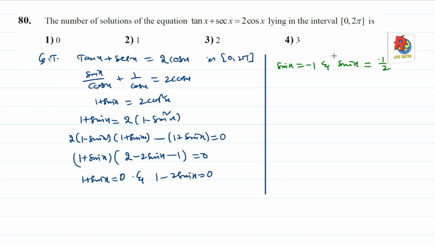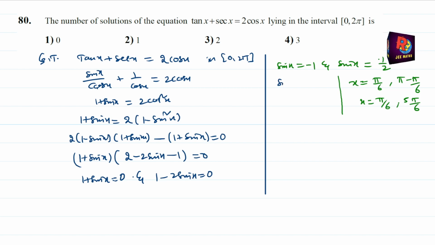Now, if I take sin x equals 1 by 2, then x will be pi by 6. Not only pi by 6, we can take 180 minus pi by 6. Therefore, x equals pi by 6 is also possible and 5 pi by 6 is also possible if I take this part.